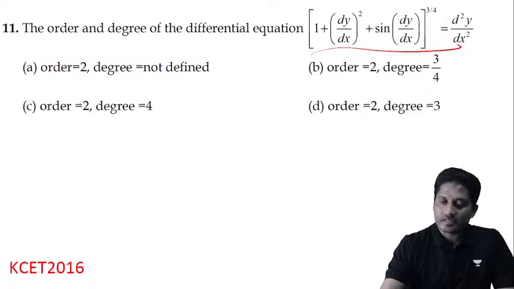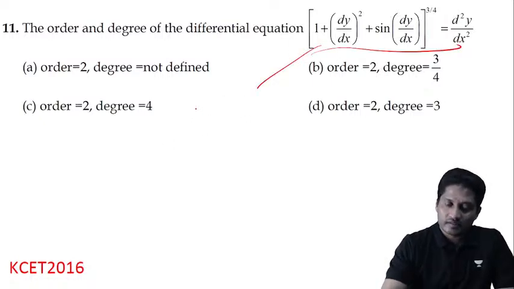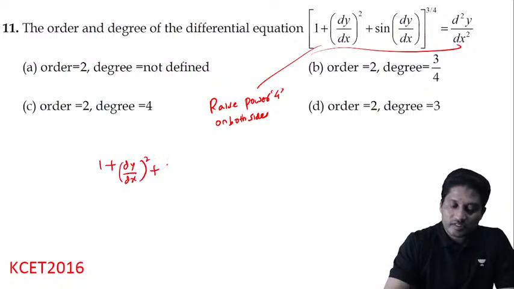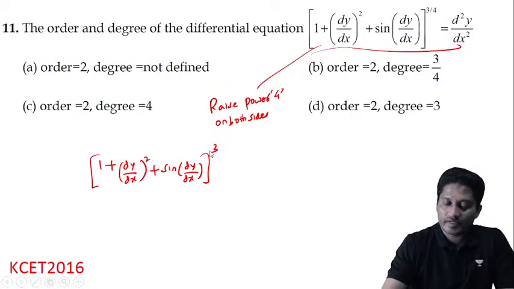Okay, anyways, if I raise power 4 on both the sides, we will get 1 plus dy by dx the whole square plus sine of dy by dx, whole cube, because when you raise the power 4, 4 will get cancelled, equal to d square y by dx square whole power 4.